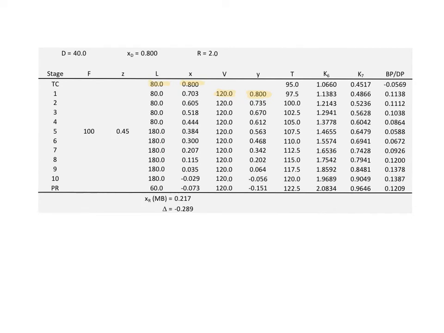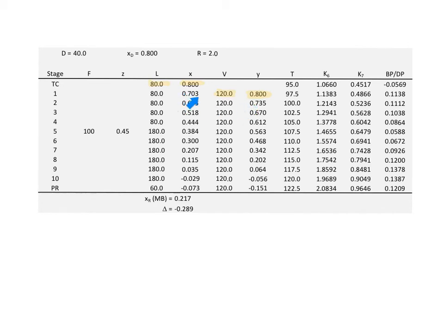Calculation of the mole fractions is a little bit more complicated. All of the liquid phase compositions are based on equilibrium with the Y values. The Y values are calculated based on a hexane mole balance, which I'll show you in a second.